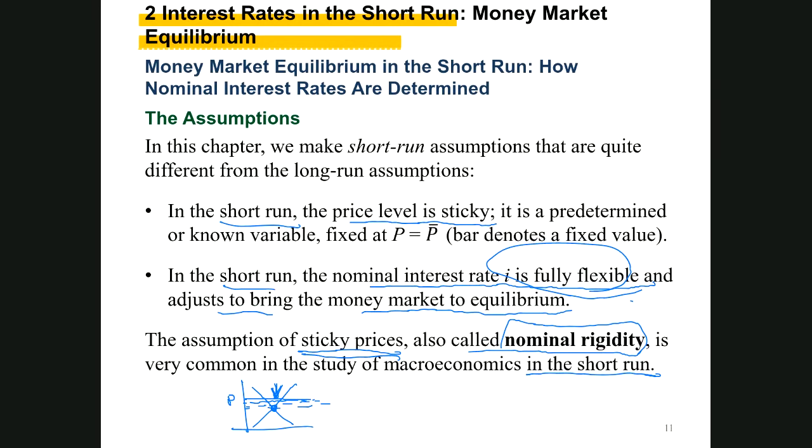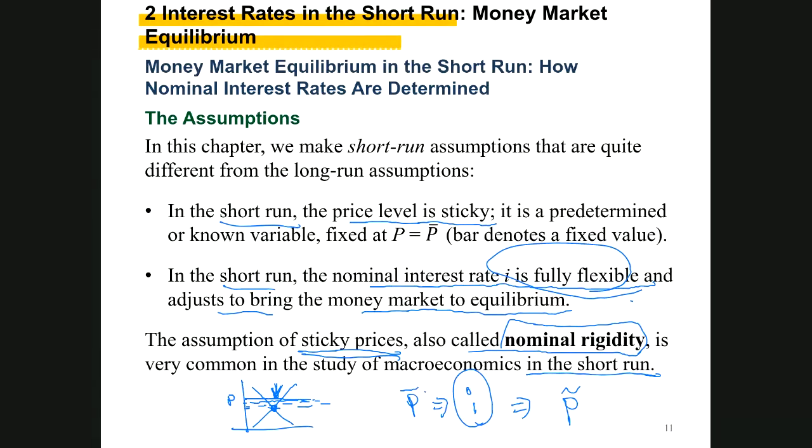That is the idea we are looking at right now. So in the short run, we believe that price is fixed, so the change can only come from the interest rate. But in the long run, we believe that price is flexible.